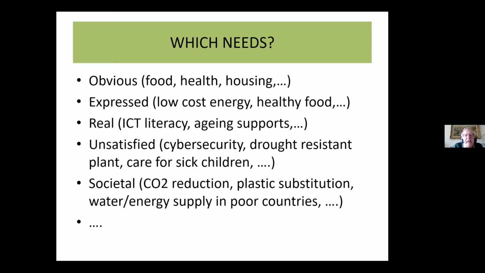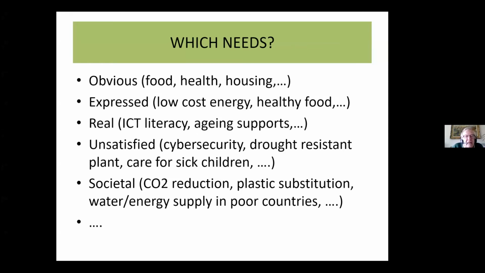ICT literacy among the aging population. Aging support. There are also a lot of unsatisfied needs. Cybersecurity. Drought-resistant plants if we have climate change. Care for sick children. If you are a woman and you work and the kids become sick, it's a problem.